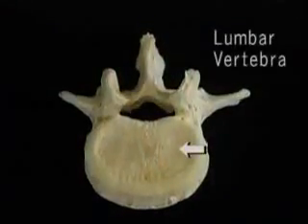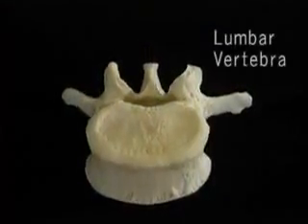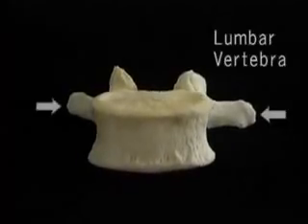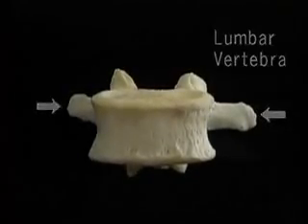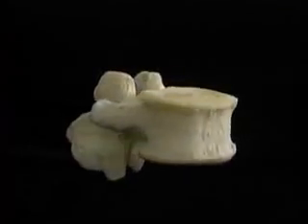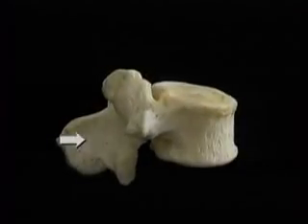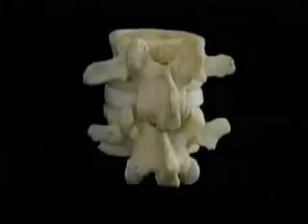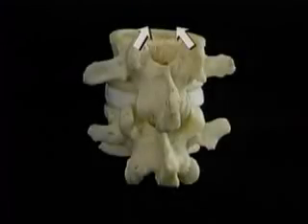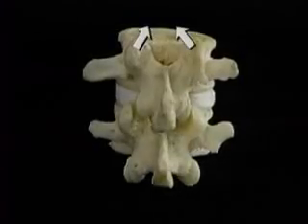Now, we'll take a look at a lumbar vertebra. The body is massive. The transverse processes are small. The spinous process is broad and points almost straight backwards. The upper articular processes of lumbar vertebrae face inward.